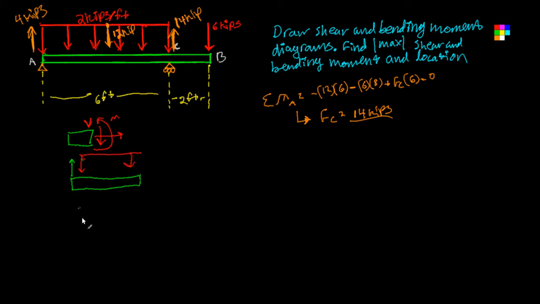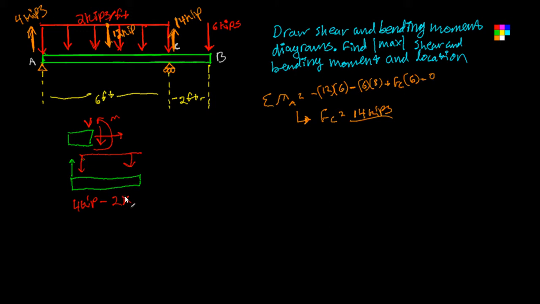And so we say we've got 4 kips minus 2 times x feet. So minus 2x. And that's what the forces acting on the beam are.